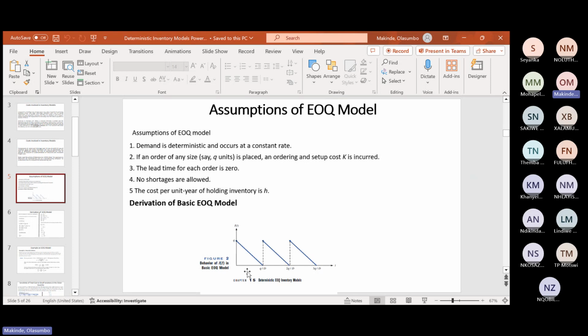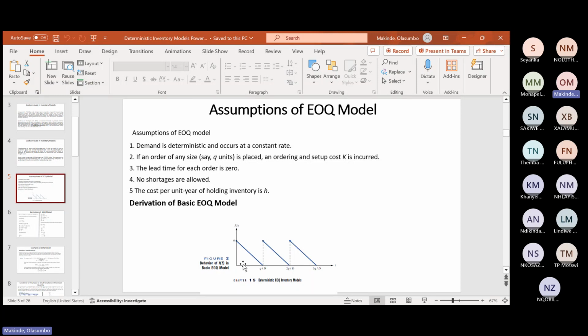So I need to work out the area of this triangle to know the inventory held and consumed over time, based on the area of a triangle formula, half base times height. Take note, this Q over D is T, because you are consuming inventory over a particular time. This is the first, T1, then the second one is T2 after the second ordering phase, and so on.